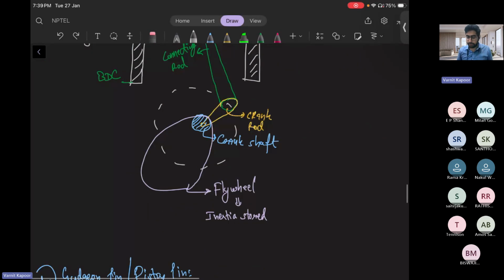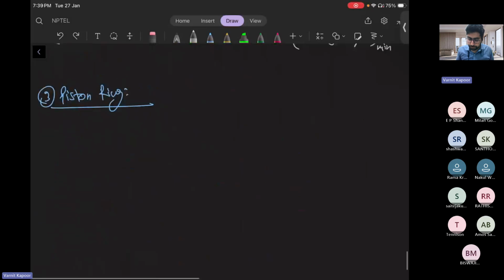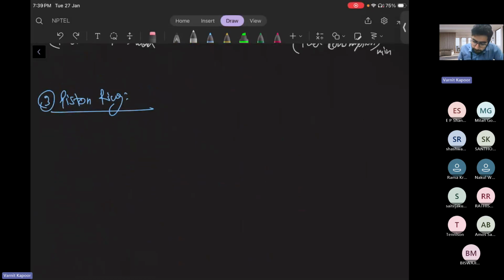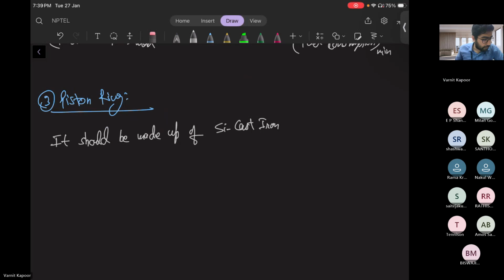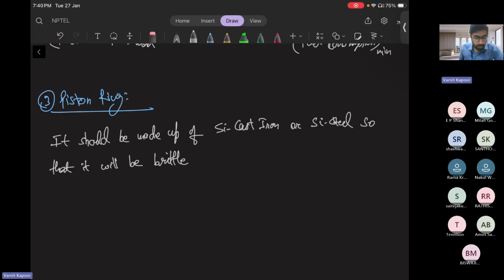I'll write all these points, then you will understand in a much better way. So let me write. It should be made up of silicon cast iron or silicon steel, so that it will be brittle and smooth material.